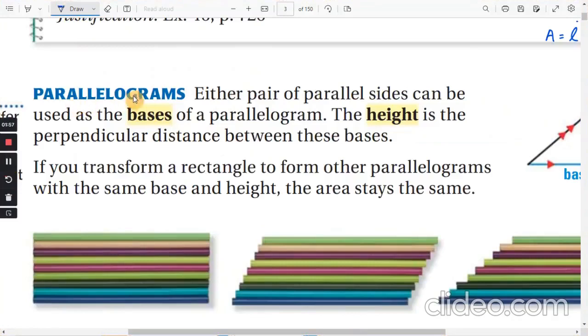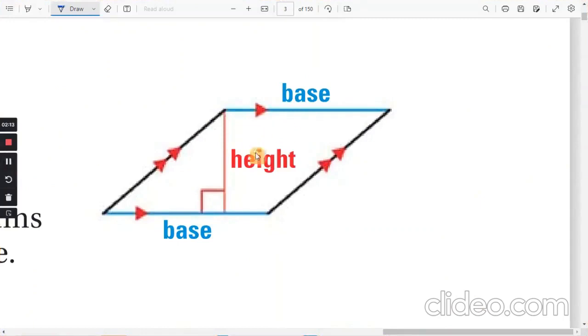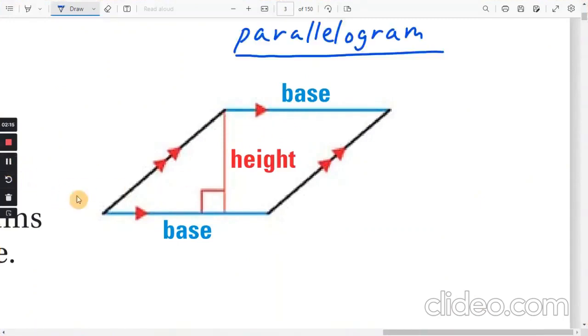Now, for parallelograms, either pair of parallel sides can be used as the bases, and the height is the perpendicular distance between those bases. So here we have a parallelogram, and of course we see that opposite sides are marked parallel. Either pair of parallel sides can be bases, so you can see here the top is parallel to the bottom, and they made those the bases.